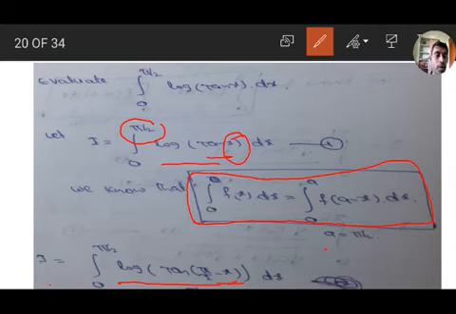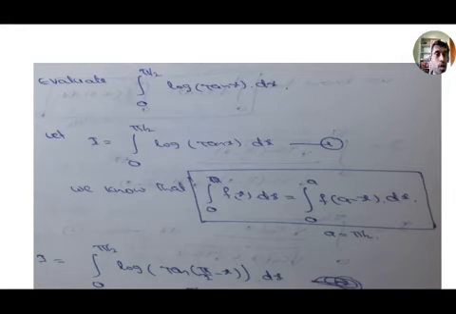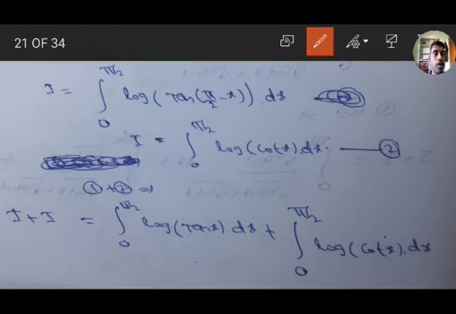Tan of (pi by 2 minus x), that is tan of (90 minus x), means cot x. So I equals the integral from 0 to pi by 2 of log of cot x, which is taken as equation 2.